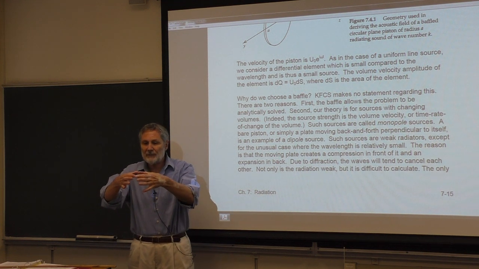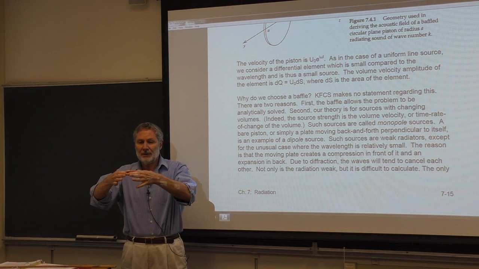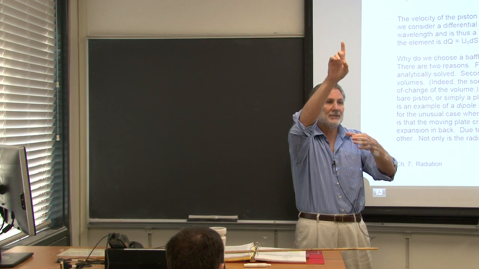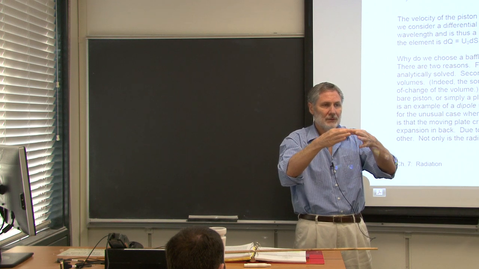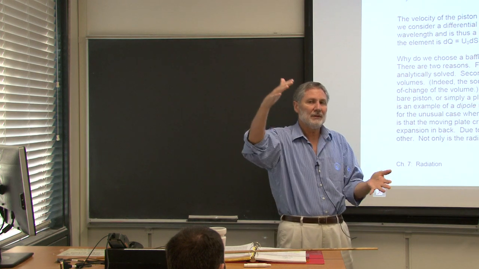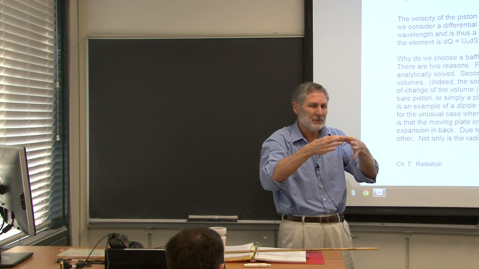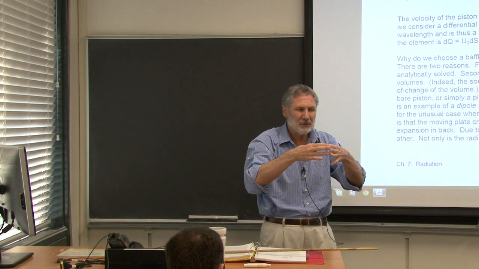But suppose you have a flat, circular disc oscillating up and down, generating sound. Well, it's going to generate sound in this direction too. What's going to happen to the radiation field if the wavelength gets significantly larger than the piston? We talked a little bit about this before.